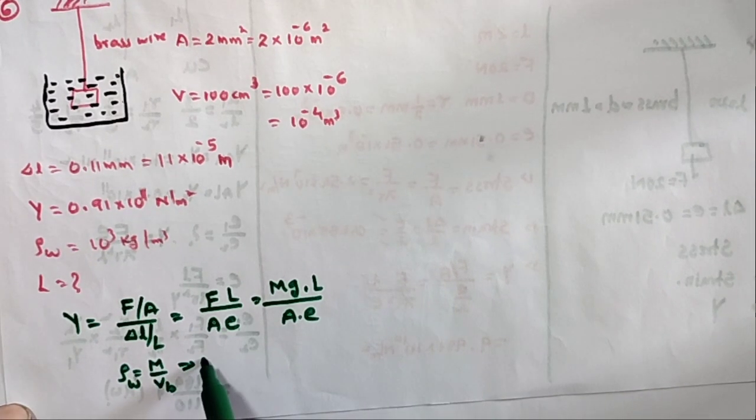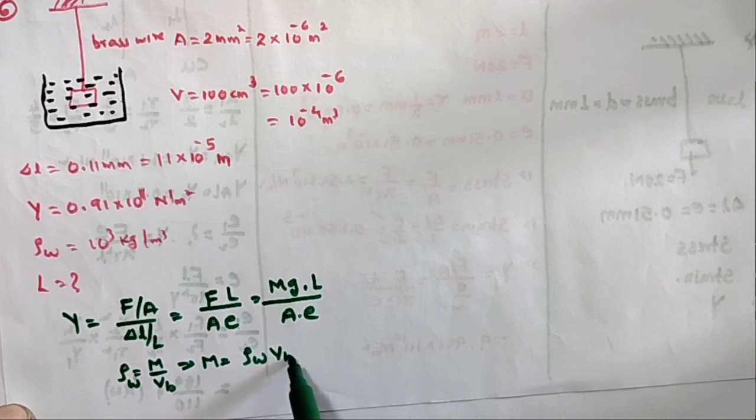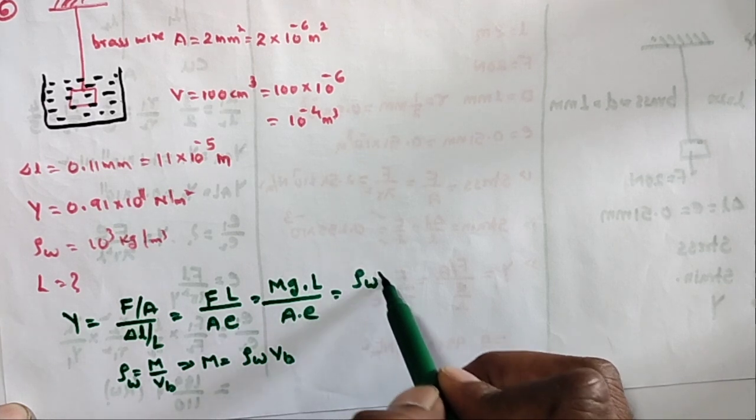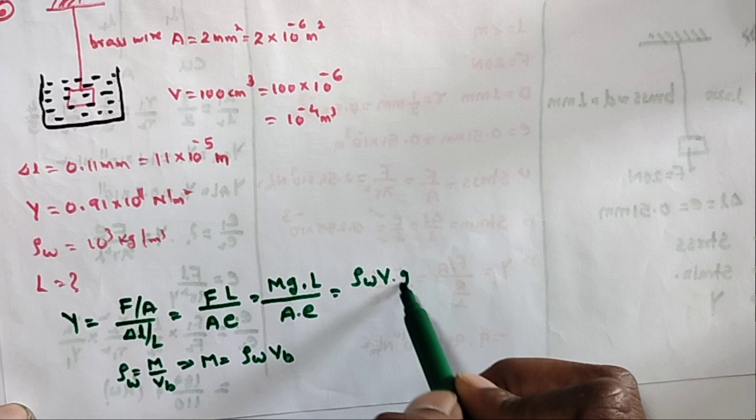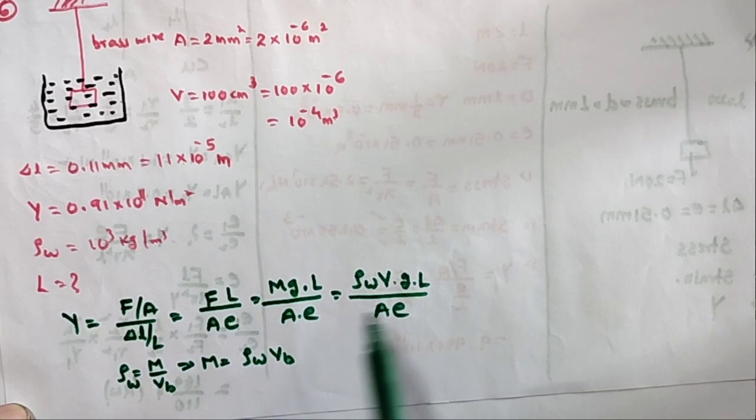So what is the mass? M is equal to rho water into volume of the body. So what is the final equation? Rho water, volume of the body, into g, is equal to Y A e by L. But I want L. So this A goes to the other side.